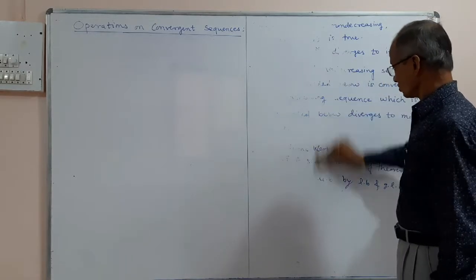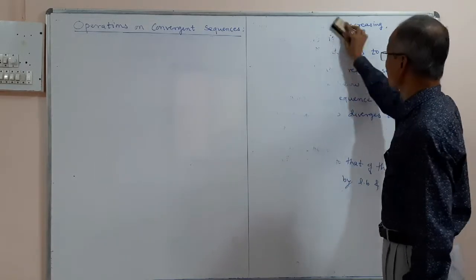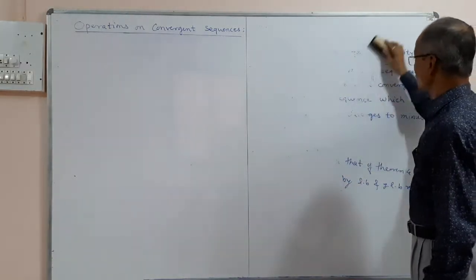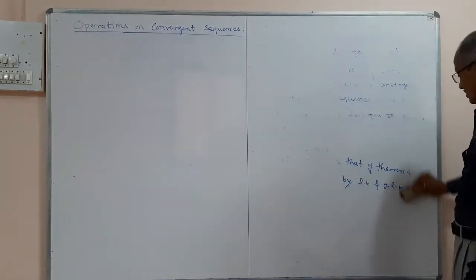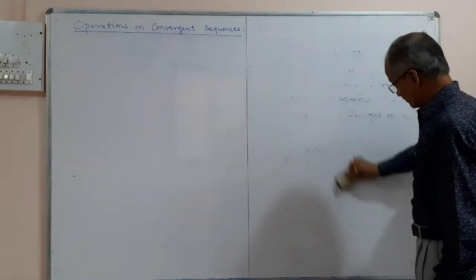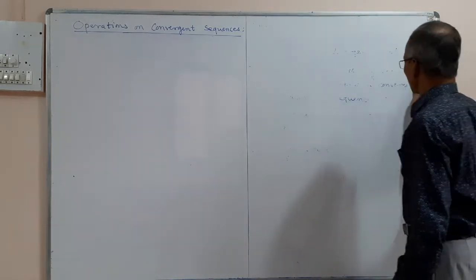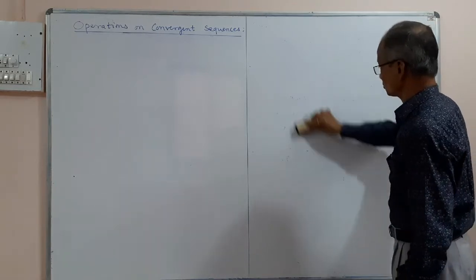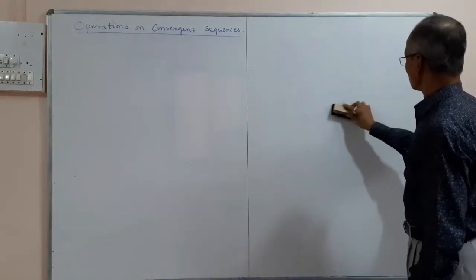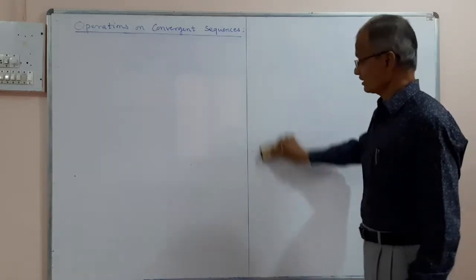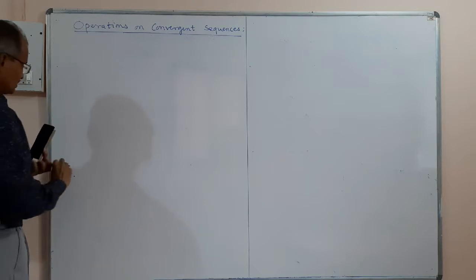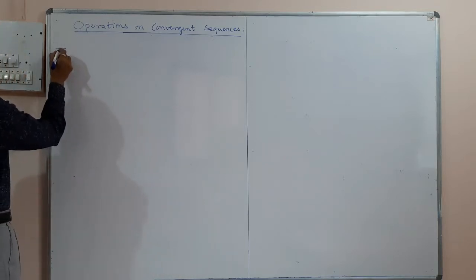And we shall show that the sum, difference, multiplication and quotient of two convergent sequences is convergent. These results are simple, and we consider two sequences, Sn and Tn. The first result about this will be our next theorem. You may refer to the number there.